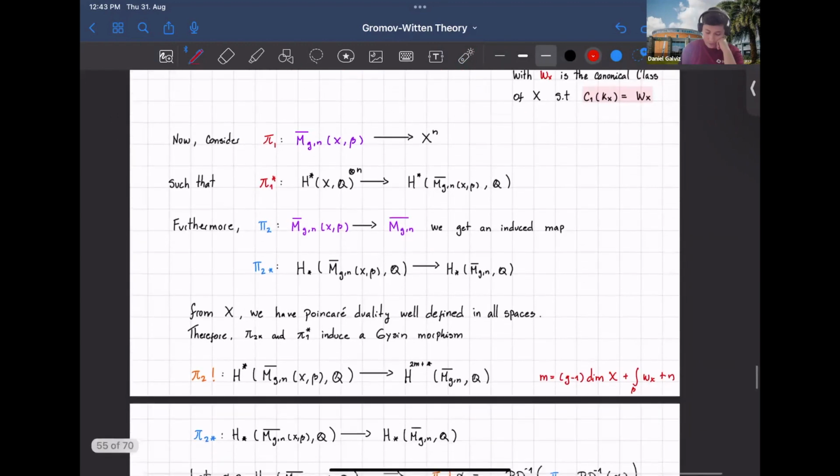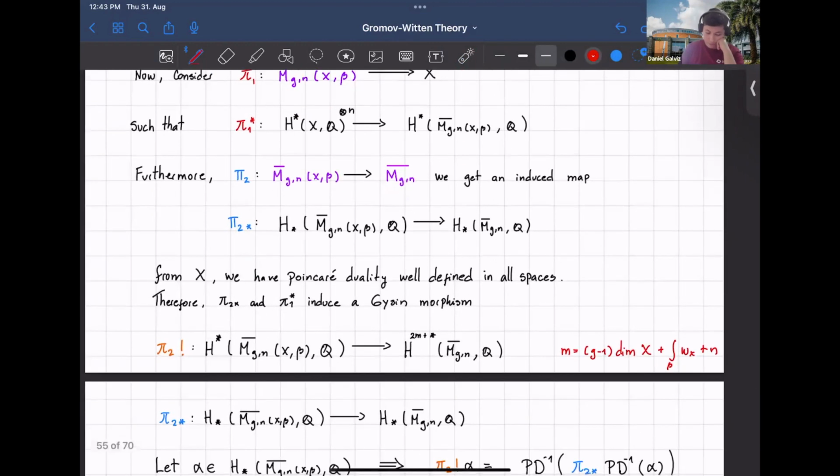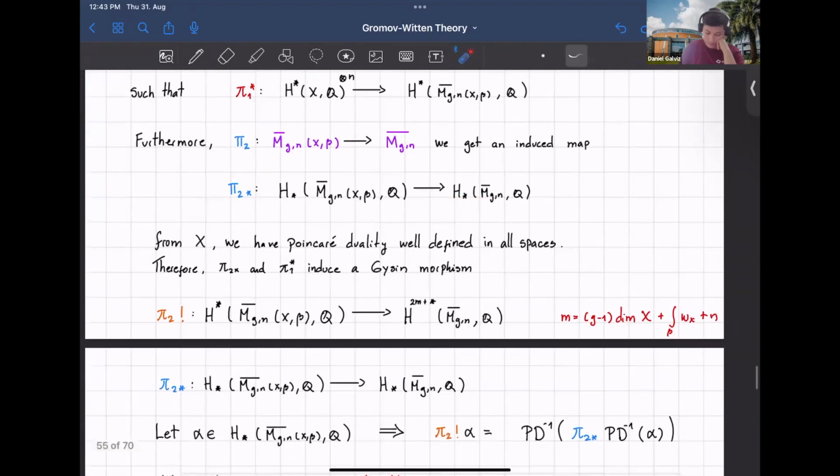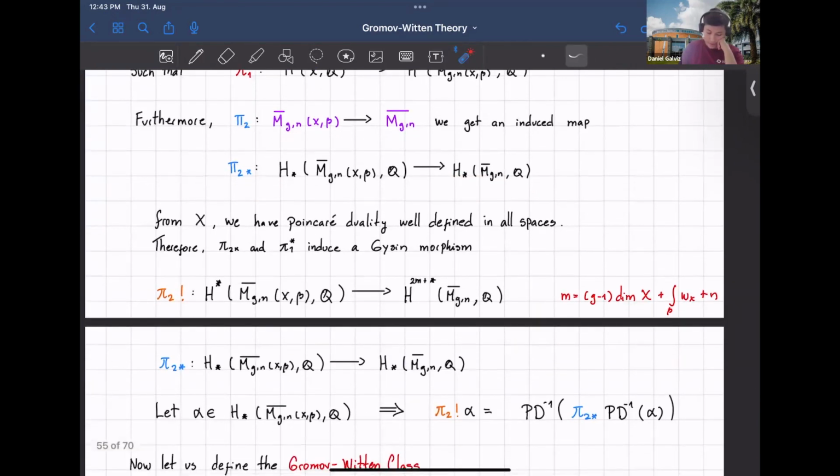Okay, and remember that this P2 is just the push forward of this homology class to this homology class. Now let alpha be an element of this homology class of stable maps. If we apply our Gysin map, what is this doing?